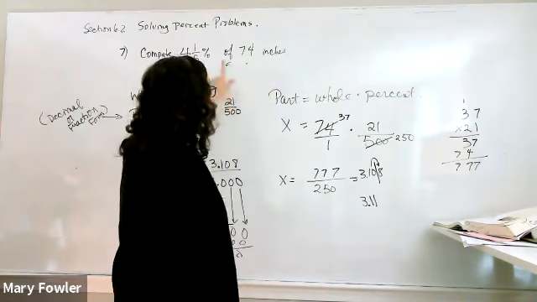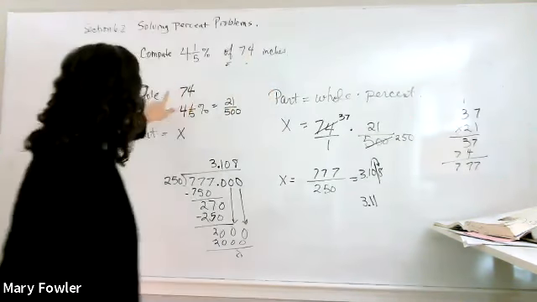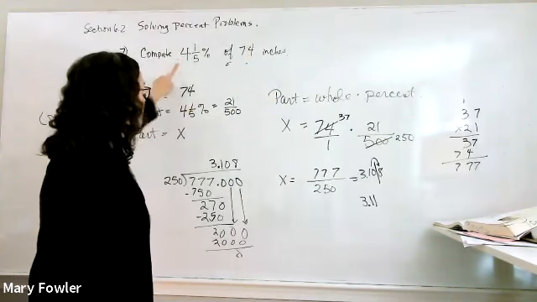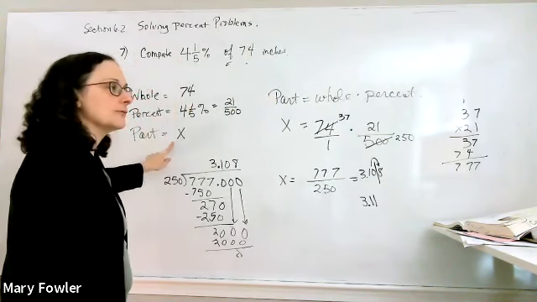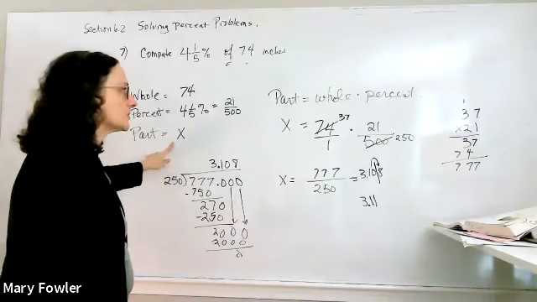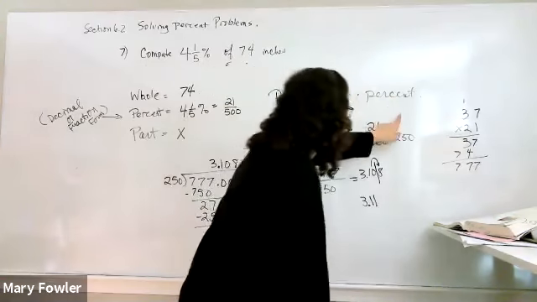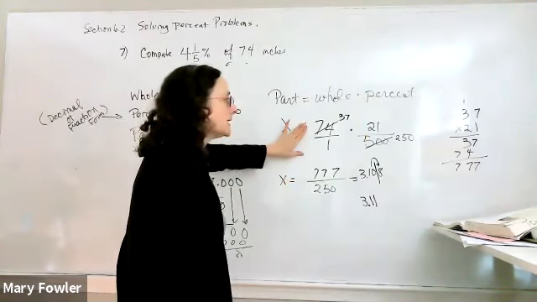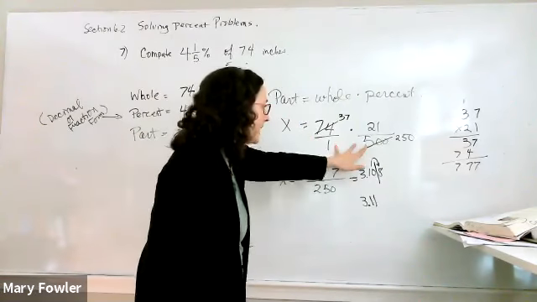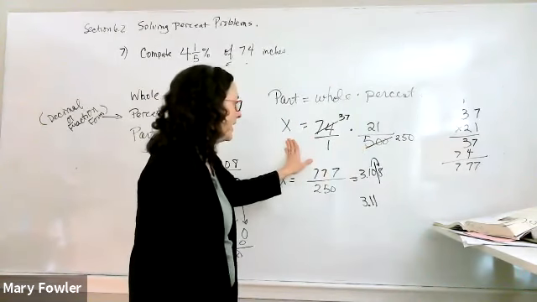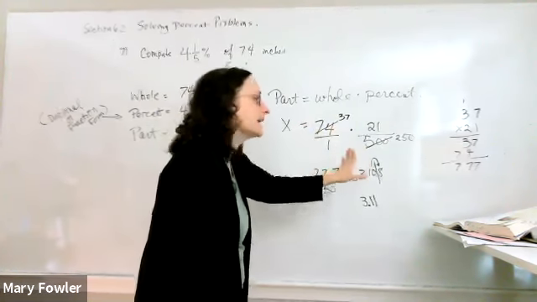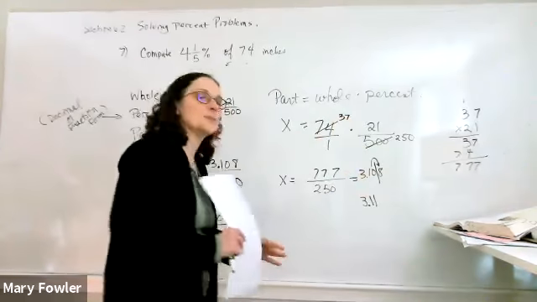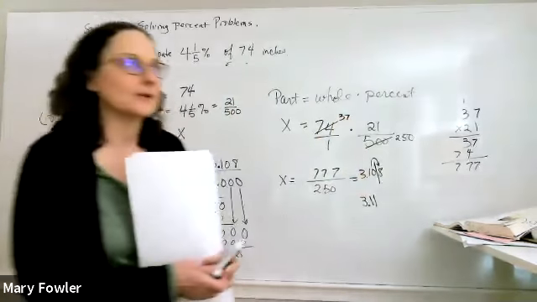And so we know 74 inches is the whole, 4 1/5 is the percent that I'm seeking, and I'm asking to find that part. Part equals whole times percent. And really, all we did was multiply to get X, and then we had to convert it into decimal form because we needed to round it. Okay.